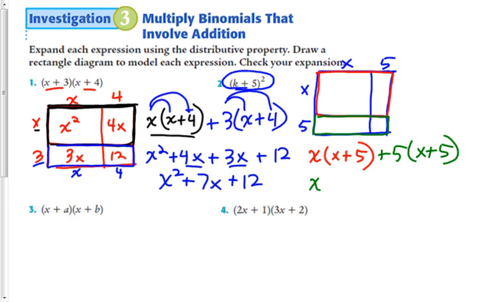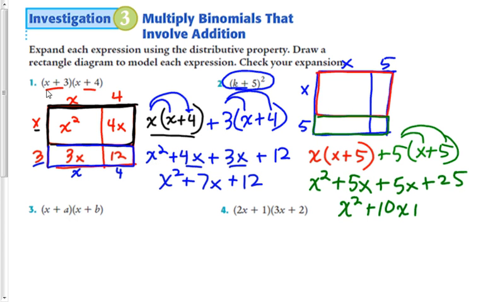So I have x times x is x squared, x times 5 is 5x, 5 times x is 5x, and 5 times 5 is 25. And then I'm just going to combine the two 5x's, make those 10x plus 25. All right, so that's using the distributive property.